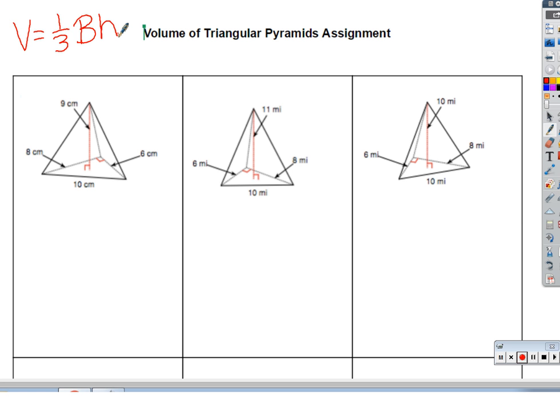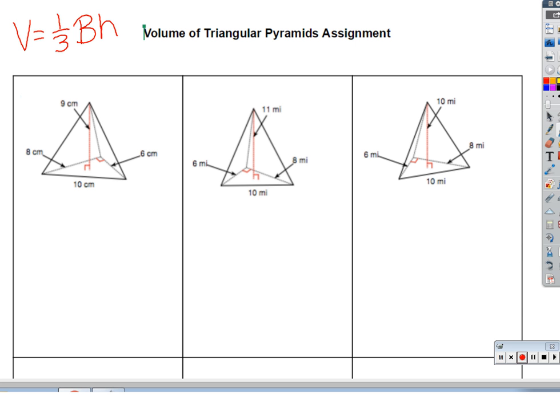All right. Since we have a triangular pyramid, we know that the bases are what shape? Triangles. Okay. Grab a highlighter in your bucket, and we're going to highlight the two sides that we need of the base. The base is a triangle. How do we find the area of a triangle?